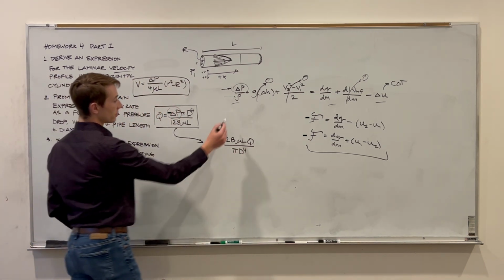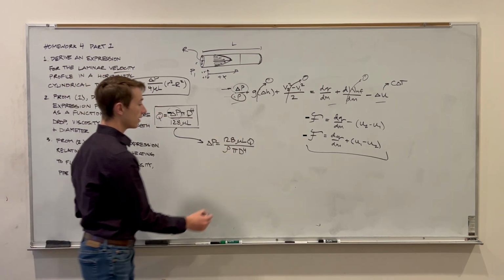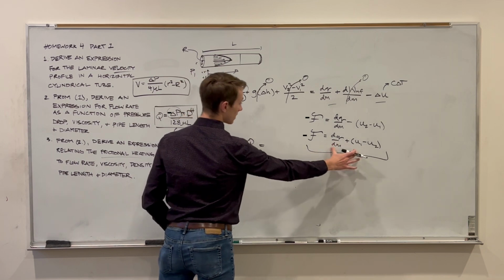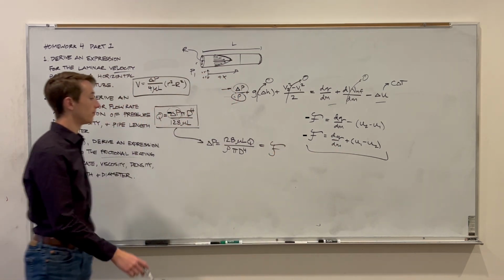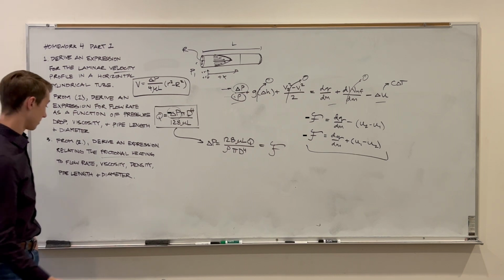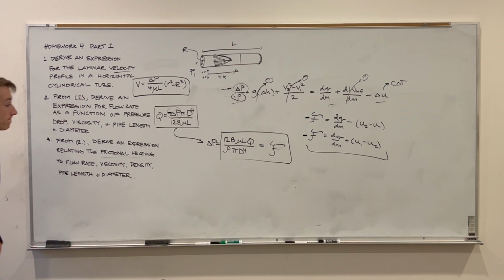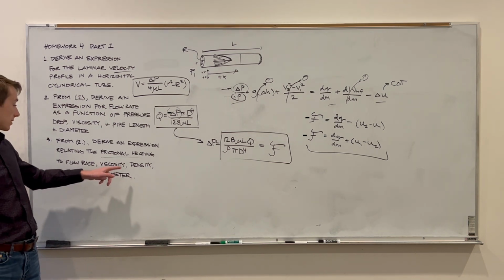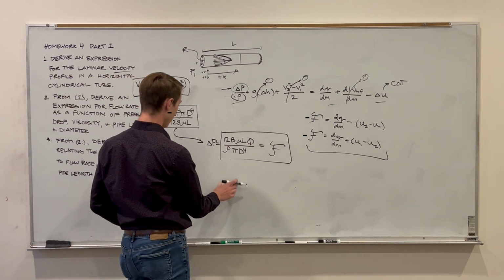Okay, and then we also divide it here by density, and that is equal to this side of the equation, which we've described as frictional heating. Okay, and I think that's it. I mean, that describes frictional heating in terms of flow rate, viscosity, density, length, diameter. We got all this. So this is the answer to part 3.